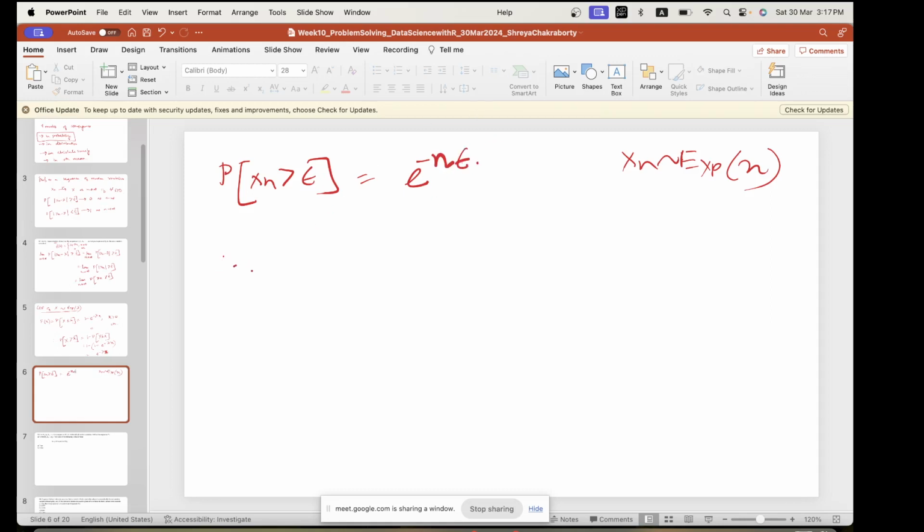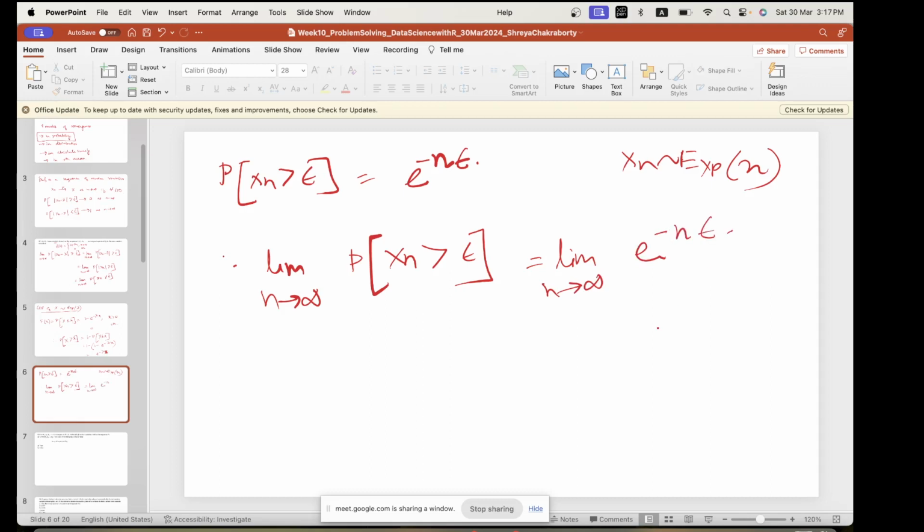Therefore limit n tends to infinity probability Xn greater than epsilon is equal to limit n tends to infinity e to the power minus n epsilon. Now as n tends to infinity, this quantity goes to 0.